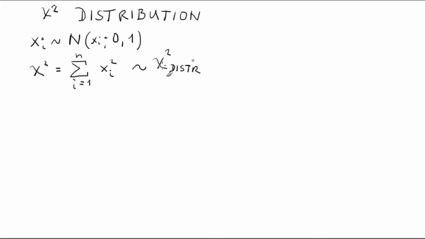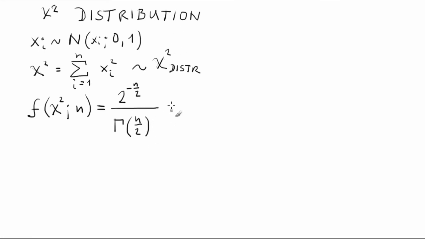The mathematical prescription for the chi-squared distribution is f of chi-squared with the degrees of freedom n equals 2 to the power of minus n over 2, divided by gamma function of n over 2, times chi-squared to the power of n over 2 minus 1, times exponential of minus chi-squared over 2.